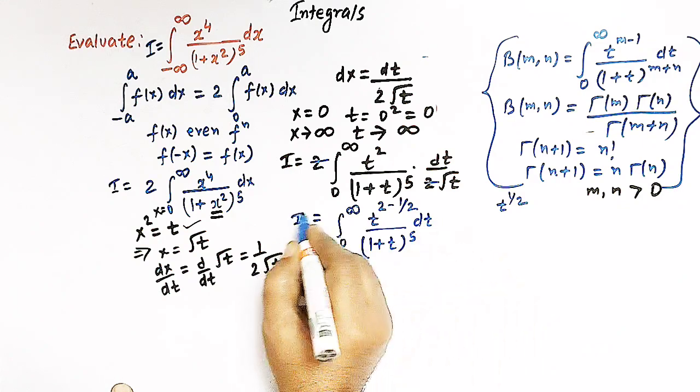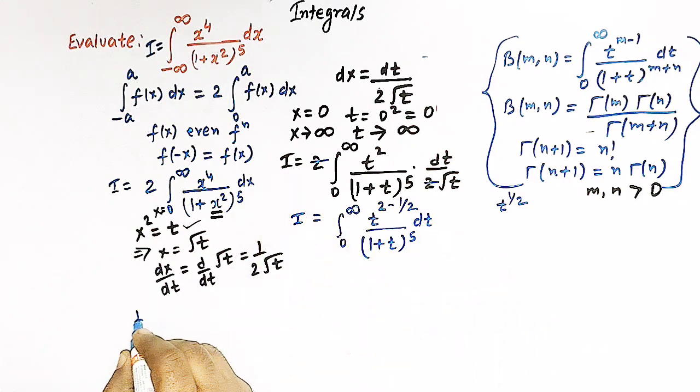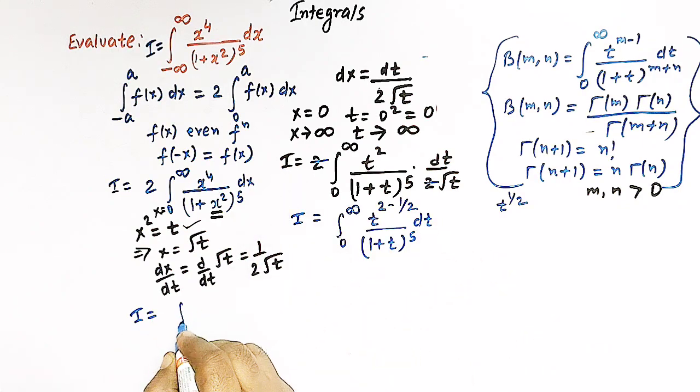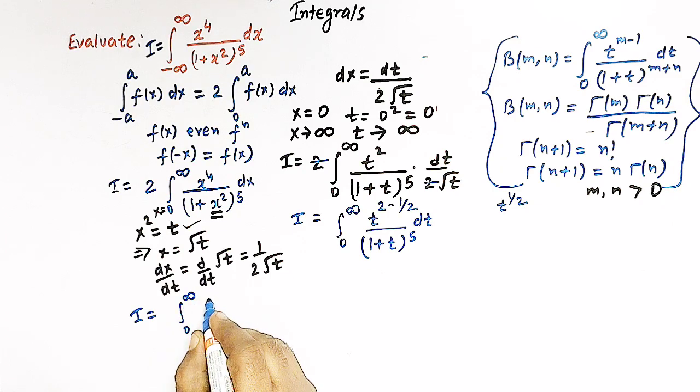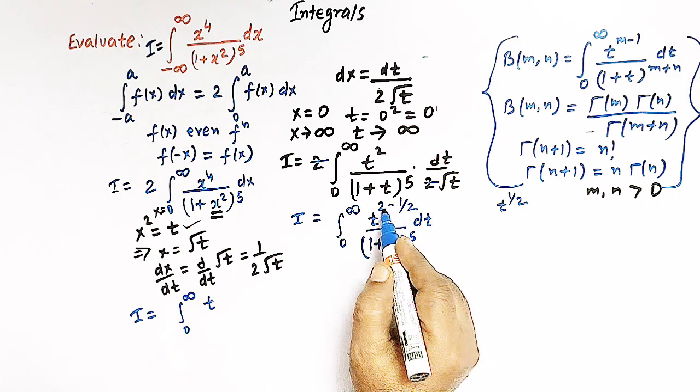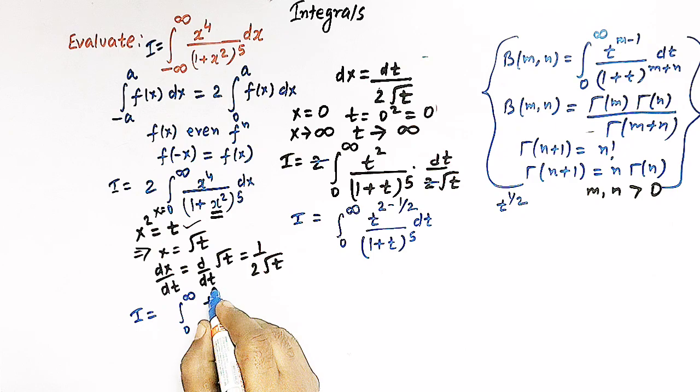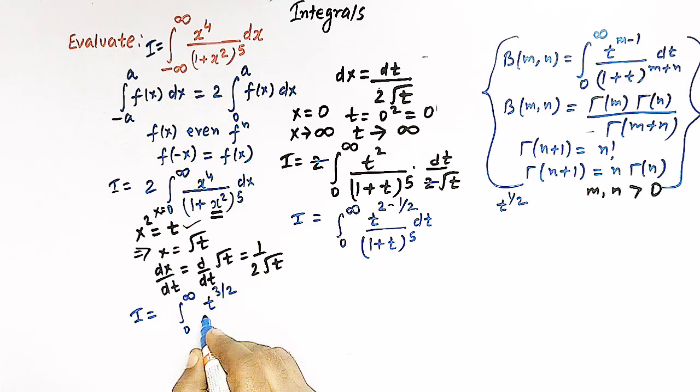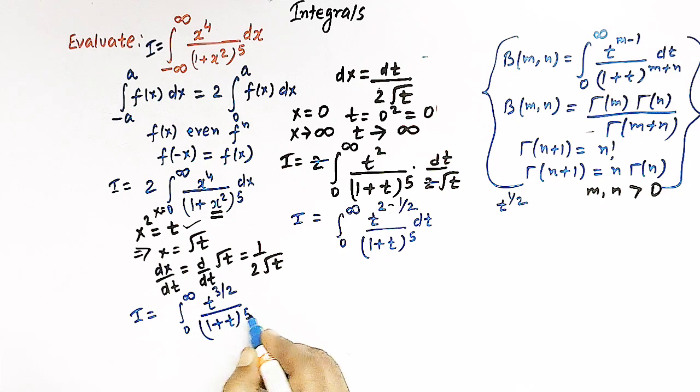So now this integral I is equal to 0 to infinity, and we have t raised to 2 minus half is 3 over 2, and we have 1 plus t raised to 5, and here we have dt.